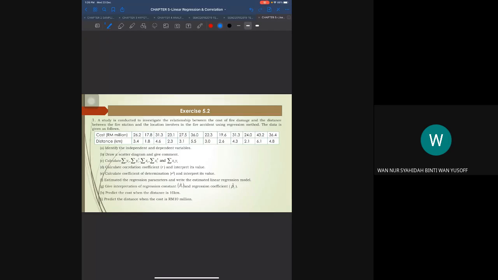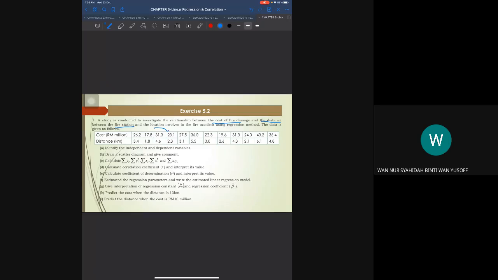So which one is independent? Which one is the X? Distance. It should be distance, not the cost. The cost of fire damage depends on the distance between the fire station and the location.